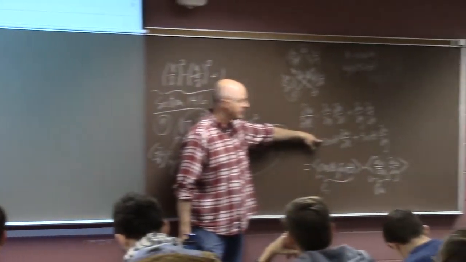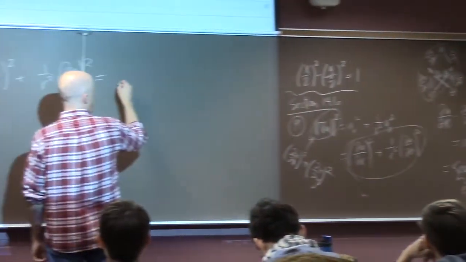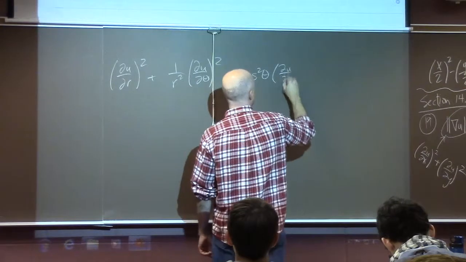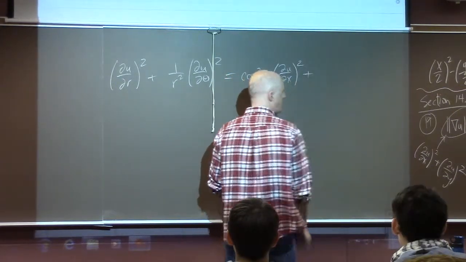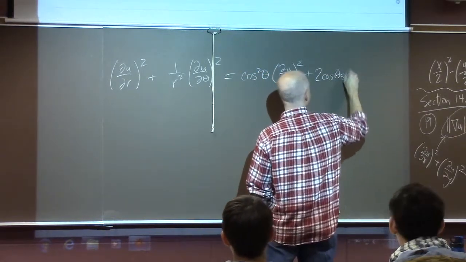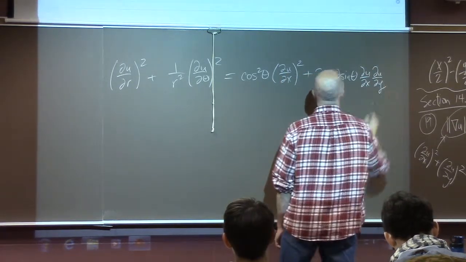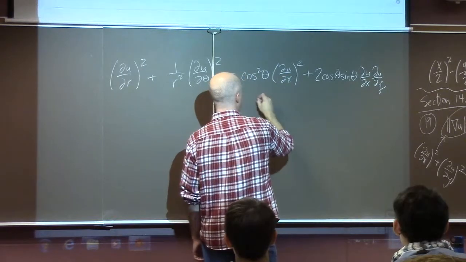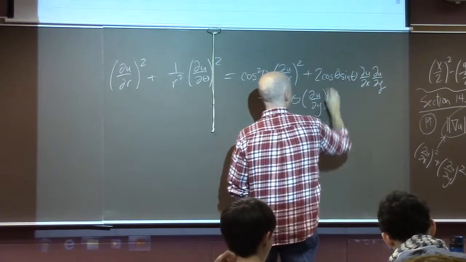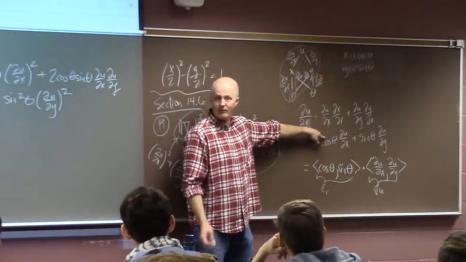Here's du dr right there. So if we square that, we get cos squared theta du dx squared. These are not second derivatives here. These are squares of first derivatives. Plus 2 cos theta sine theta du dx du dy. I'll go into the next line since I'm out of room here. Plus sine squared theta du dy squared. That is the square of this thing right here, using the FOIL method.